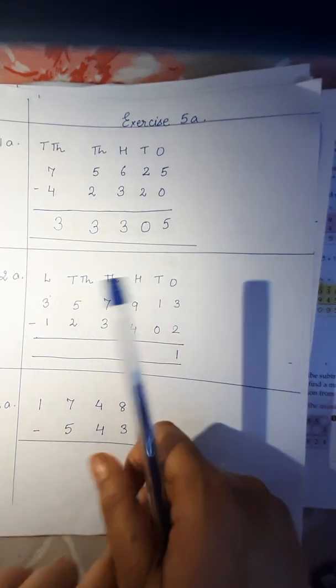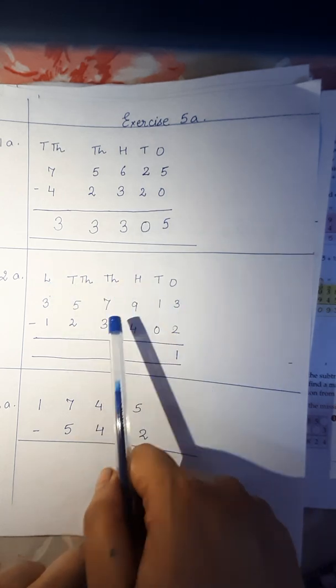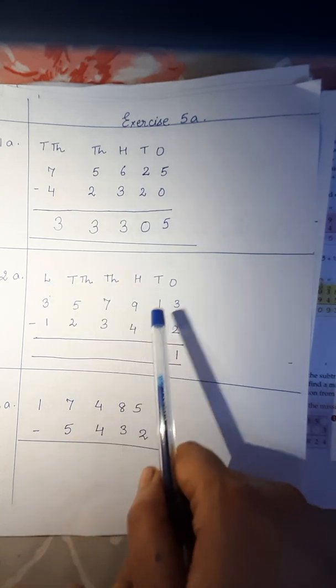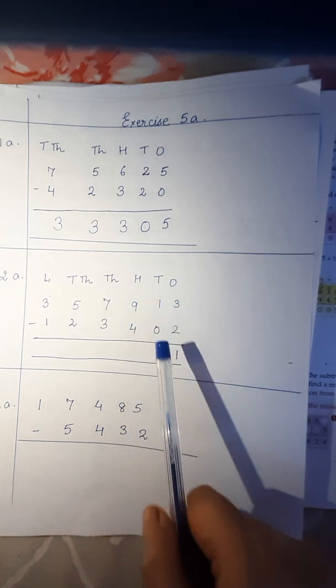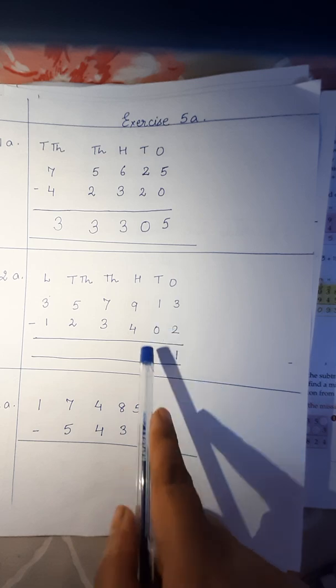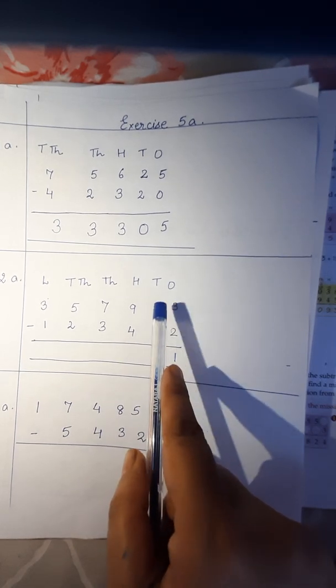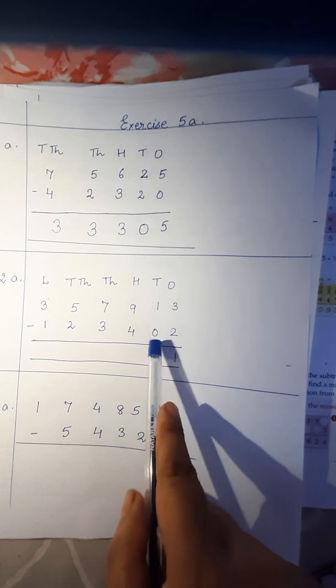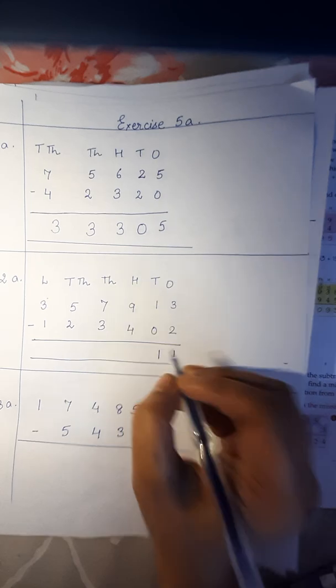Next we have tens. The digits at tens place are 1 and 0. As I told you, when we subtract 0 from any number, you will get the same number itself. So when 0 is subtracted from 1, you will get the same digit, that is 1.